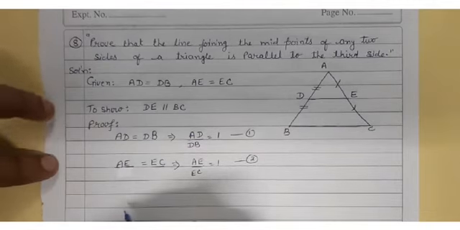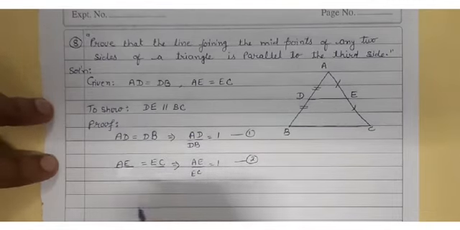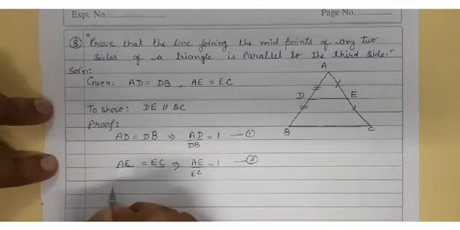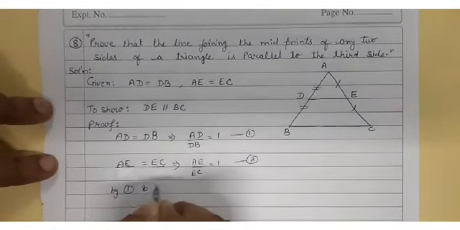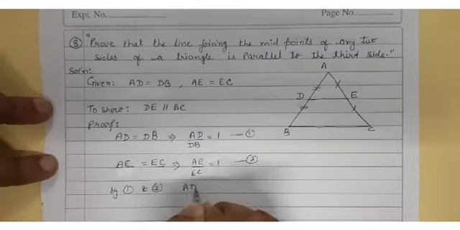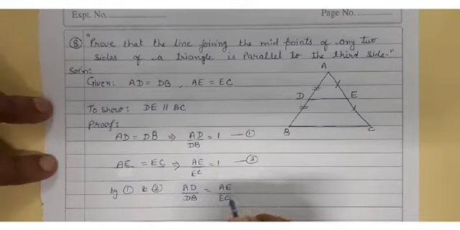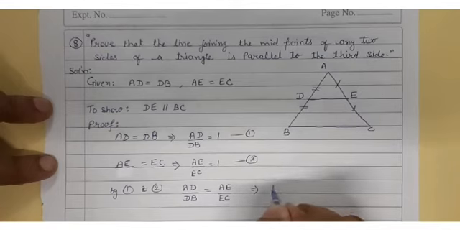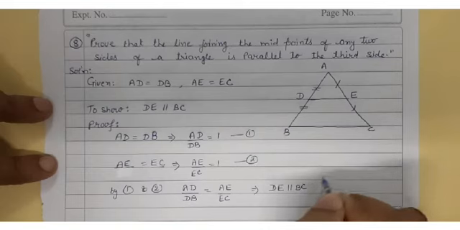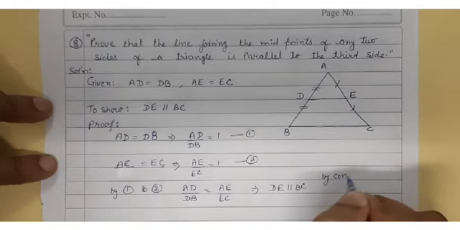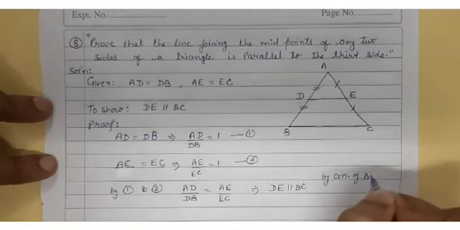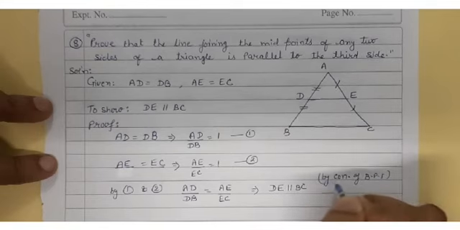Then by 1 and 2, AD upon DB is equal to AE upon EC. If ratios are equal, then lines should be parallel. Then we can say DE should be parallel to BC by converse of BPT, the basic proportionality theorem.